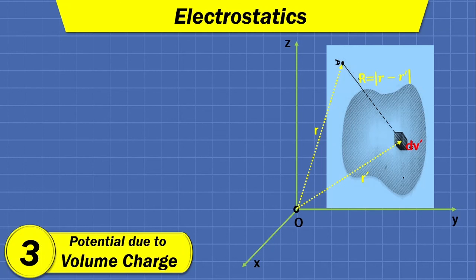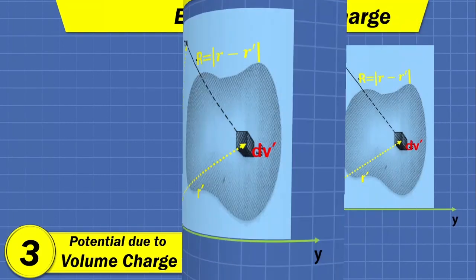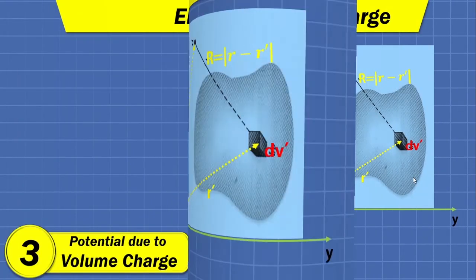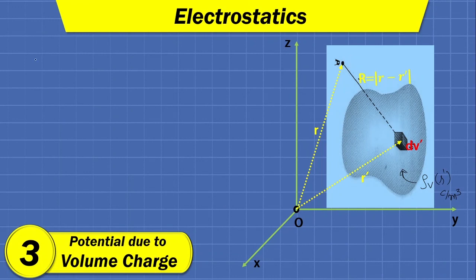Here the charge density will be rho v as a function of r prime, coulomb per meter cube, and doing so we can have the small charge dq on this differential volume element as rho v as a function of r prime into dv prime.